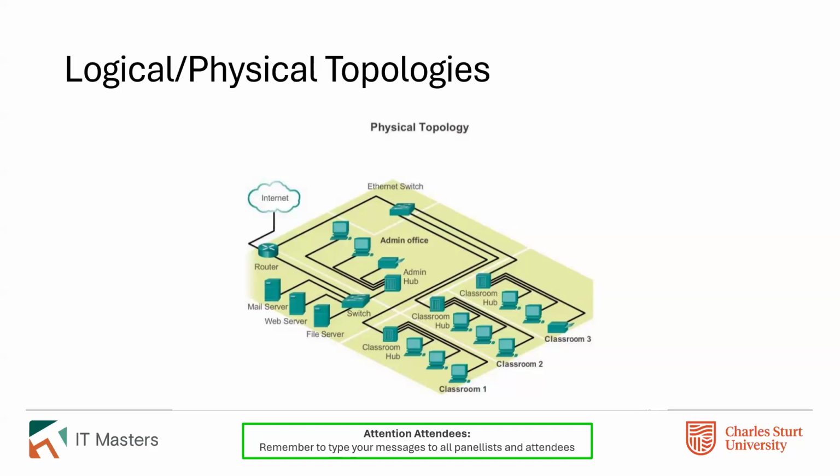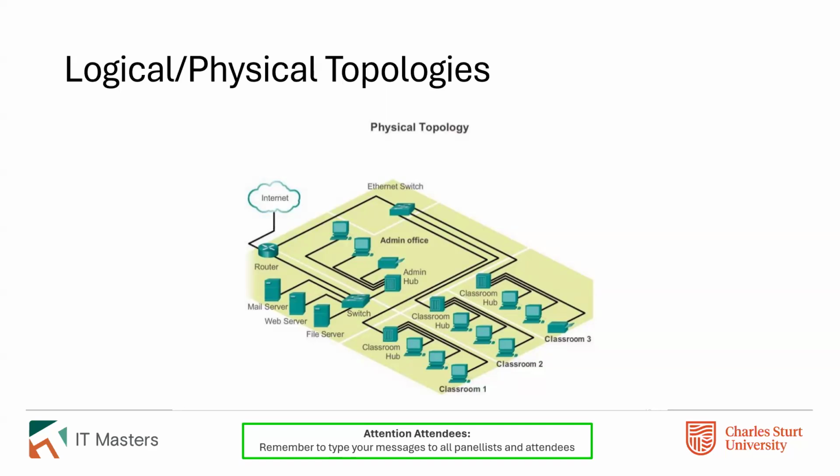In any case, a physical topology looks broadly like this. You've got various types of devices, and this is a common way to represent a network. You would logically separate them out based on where they sit in terms of rooms in a building, and you show how they're physically connected to each other.